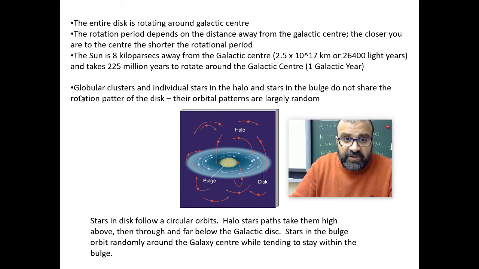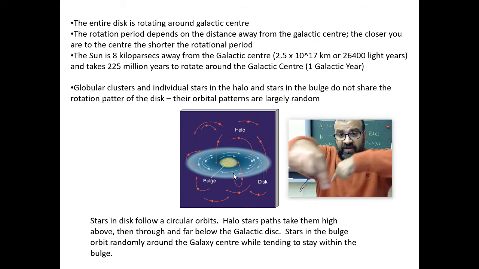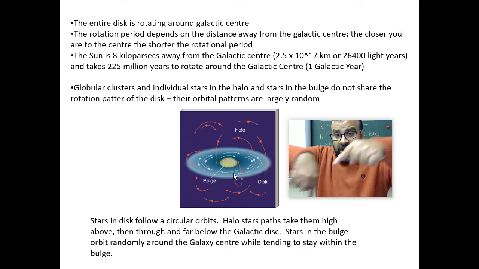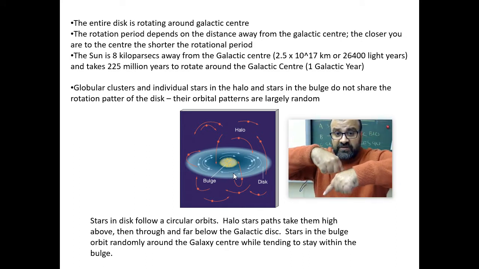Okay, next point. Globular clusters and individual stars in the halo and stars in the bulge do not share the same rotation pattern of the disk. Okay? Stars in the disk are revolving in a flat plane around the galactic center.